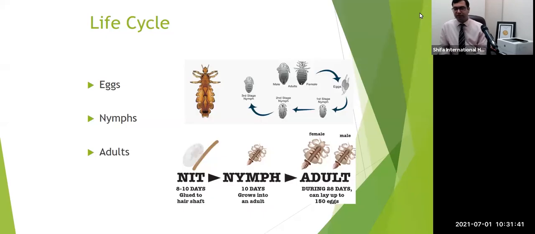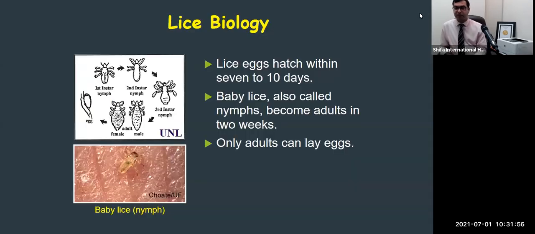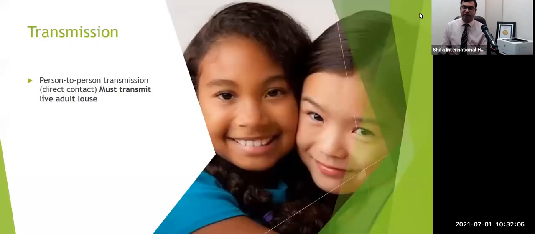For an adult, it takes roughly a month for the whole cycle, and they are much more active compared to scabies infestation, because they lay up to 150 eggs, which is a lot. Only adults can lay eggs, so the propagation is with the adults only.